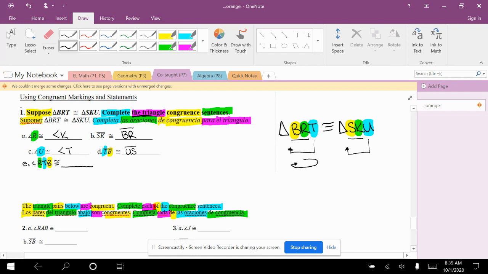We begin with R, then it's T, lastly it's B. Empezamos con R, después T, y la última es B. So on the other side, we start with green, then blue, then yellow. Entonces en el otro lado, empezamos con verde, luego azul, y la última amarilla. So angle RTB is congruent to angle KUS.